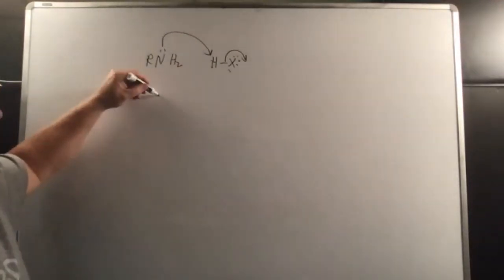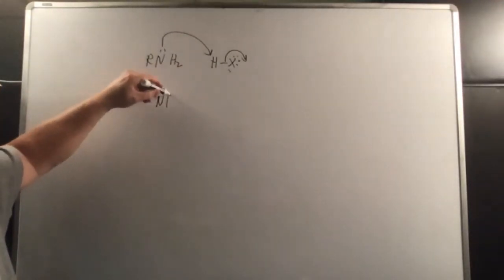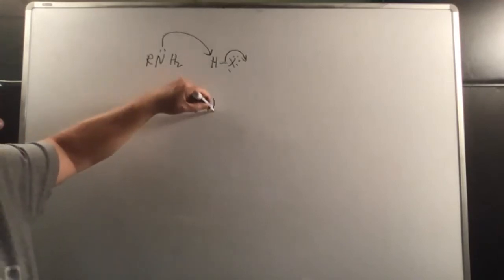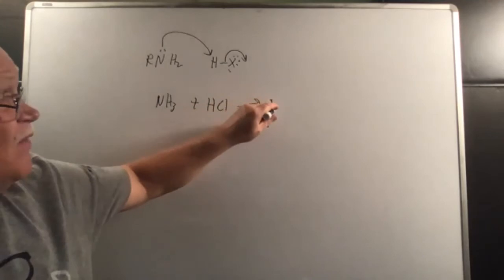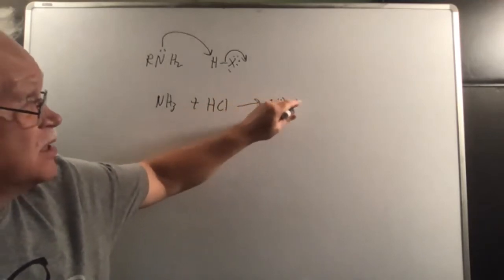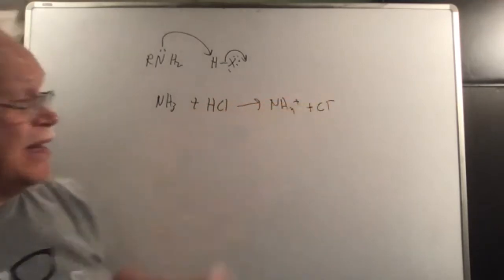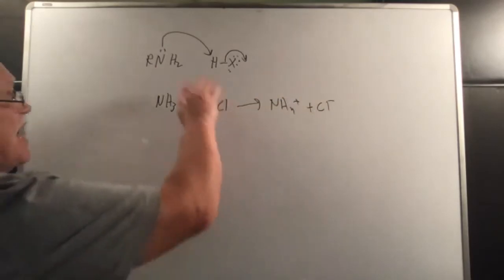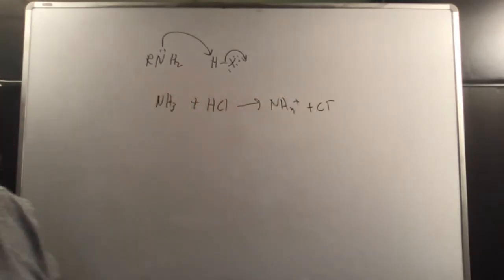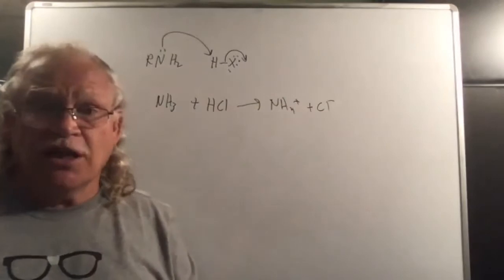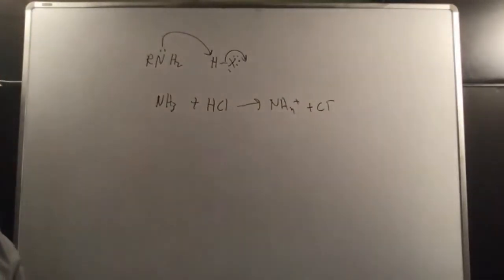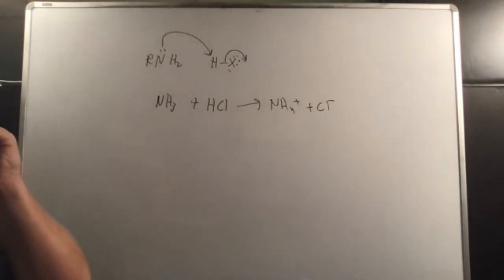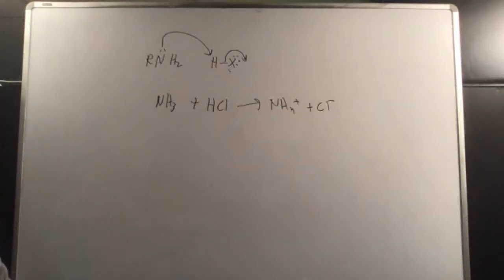Probably the reaction your instructor wrote was NH3 plus HCl, and what did it do? It gave us NH4 plus Cl minus. Isn't this the same exact reaction as that? The only difference is we've got an R group in place of one of the hydrogens. So amines behave exactly like the chemistry of ammonia in their acid-base properties.